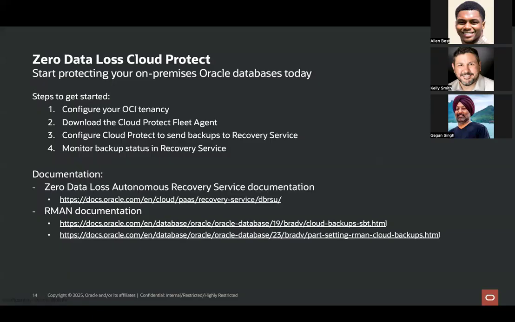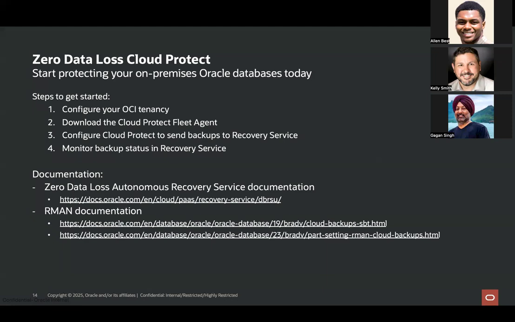So in terms of actually getting started, you can start protecting your on-premises Oracle databases today. This, like we said, was announced at AI World and is available to use whenever needed. So here are some steps to get started. Number one is configure your OCI tenancy.